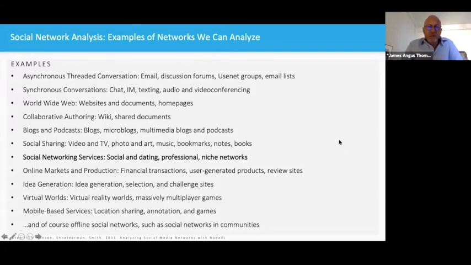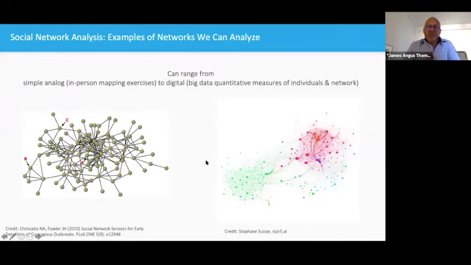There are lots of different networks we can analyze. What you'll be seeing here in large part is that middle bold one, the social networks on social platforms. But there are many different networks we can analyze, right through to, down the bottom there, offline social networks in communities. And I'm going to show you a really nice example of that. So that means that we can literally do simple in-person mapping exercises, and I'll give you this example from a paper by Christakis and Fowler in 2010.